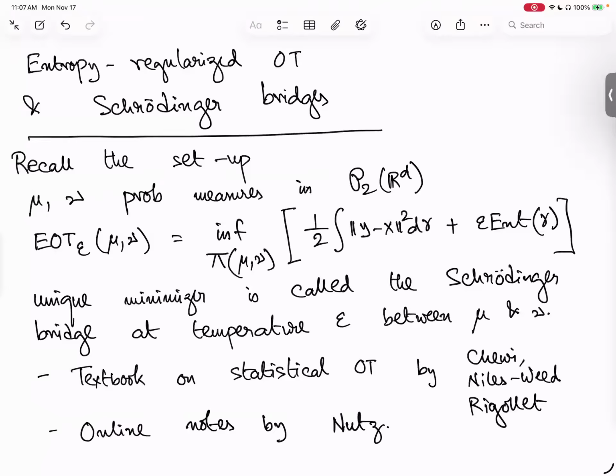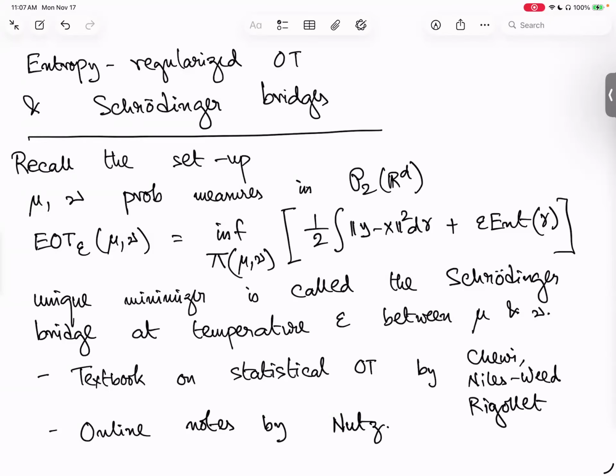The online note says, does the bridge vary continuously with epsilon? That's a great question. Yes, it does, but it's not actually obvious that it does. Actually, what happens to its continuity with epsilon when epsilon gets close to zero is a problem of current research. We don't fully understand it.